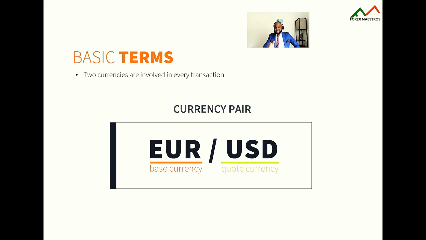The base currency is the first currency to your left in the pair, which is synonymous with the asset that is being traded in the pair. So the first currency in the pair is called what? The base currency. And what does that mean? It means that is the asset that you are trading.